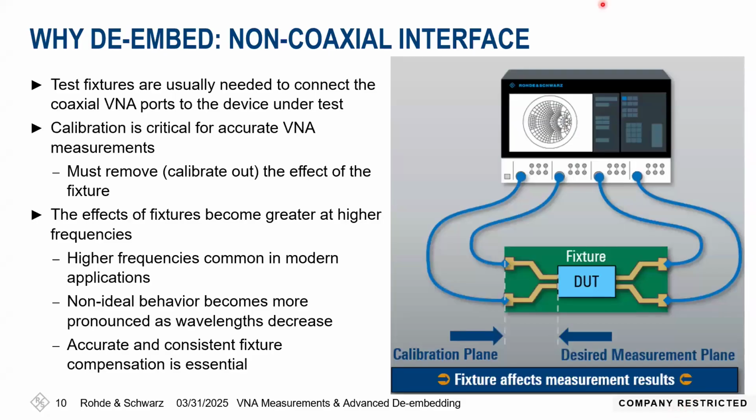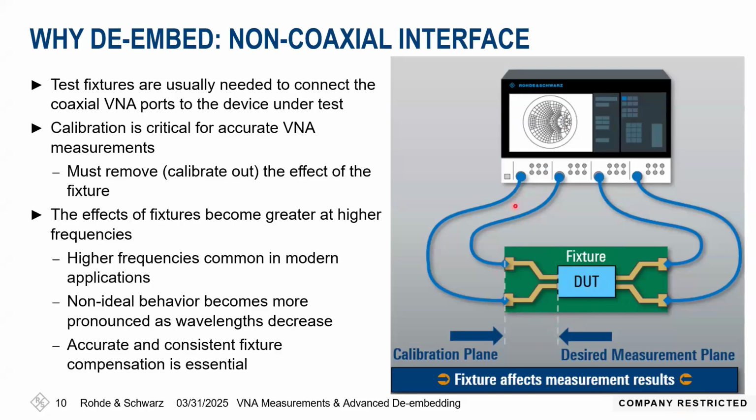So what if we have a scenario in which our device under test is on a PCB, and the access to the device under test is not through coaxial connectors. It's fabricated on the PCB, and it has the connectors at the end of the board.